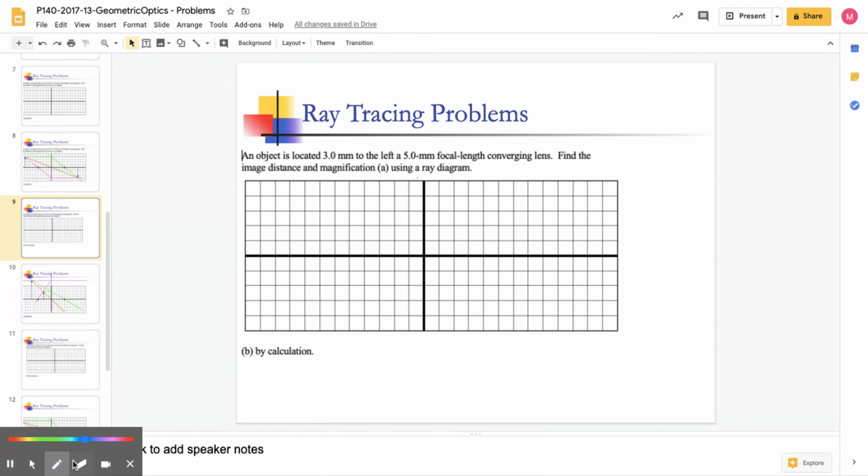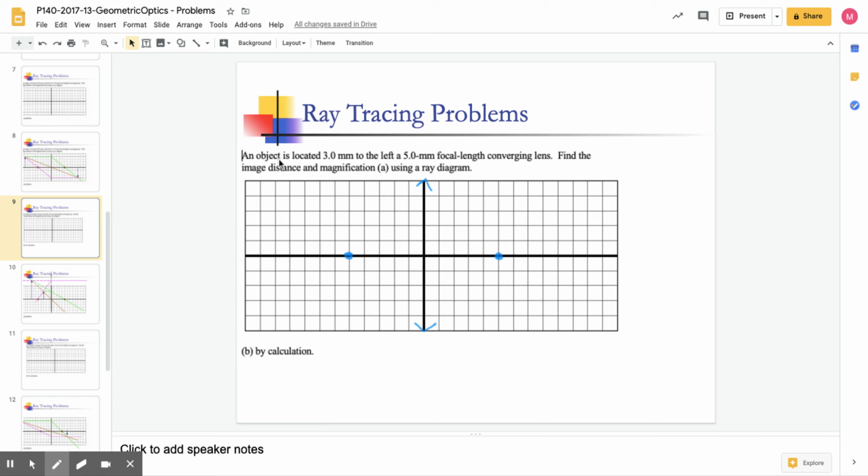So let's start with blue. We've got 5 millimeters, 1, 2, 3, 4, 5, and 1, 2, 3, 4, 5. And this is converging, to remind ourselves.